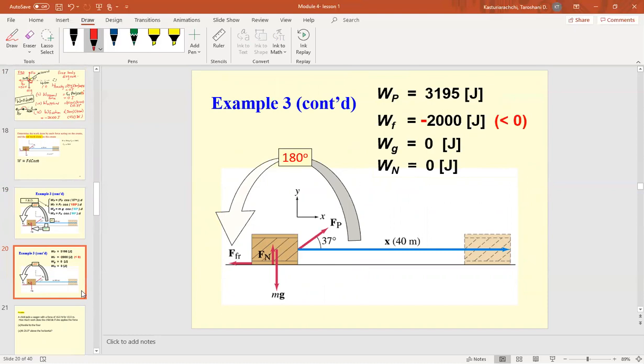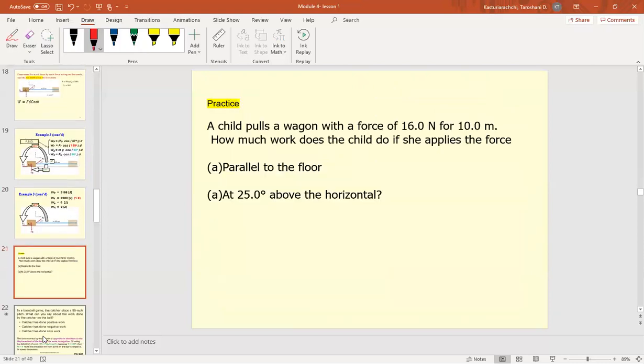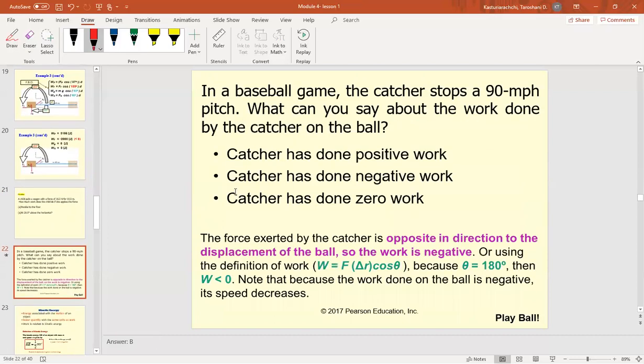Therefore, if I want to find the net work, you have to add everybody. You can do this one for practice, and you will see similar problems in your homework or web assignment too. This is pretty straightforward and very similar to the previous two problems.